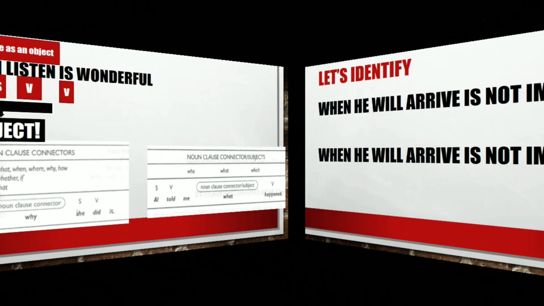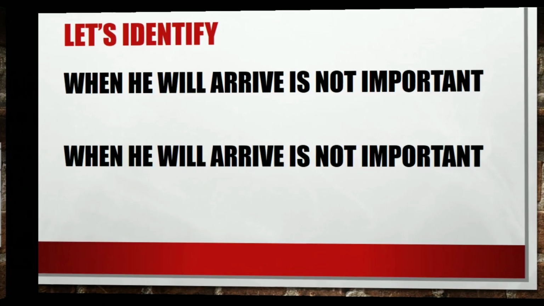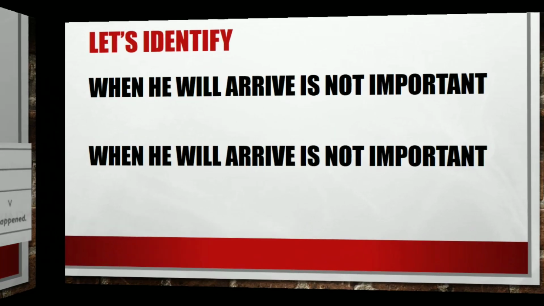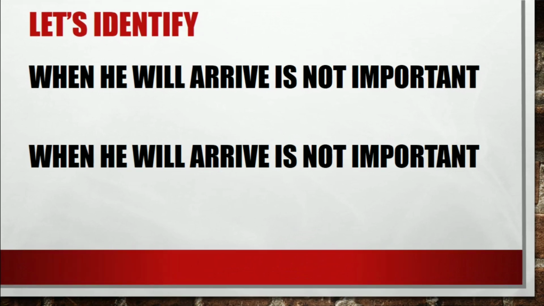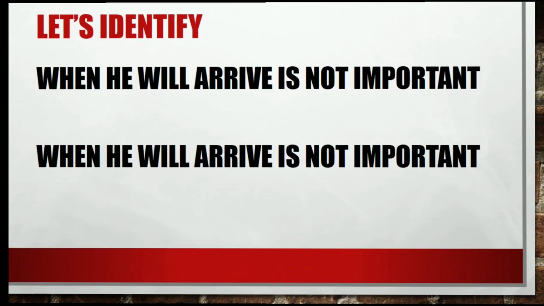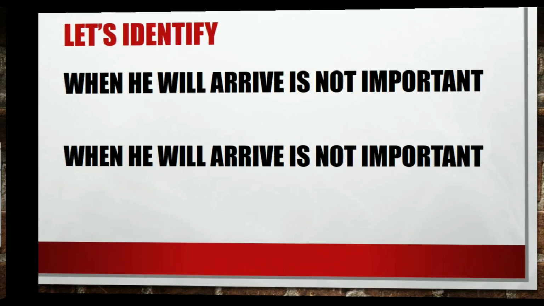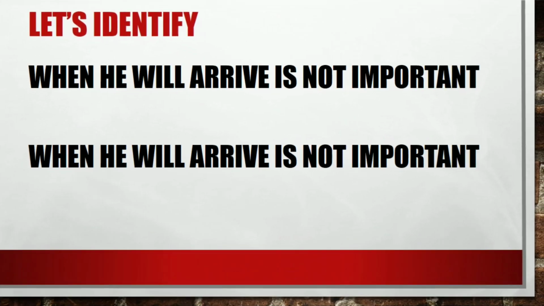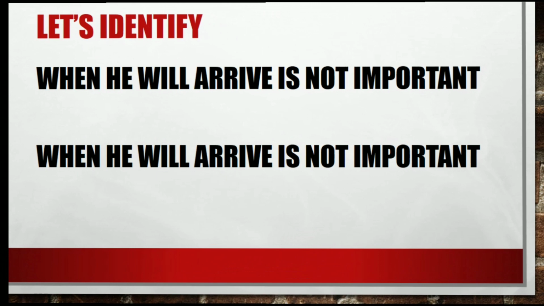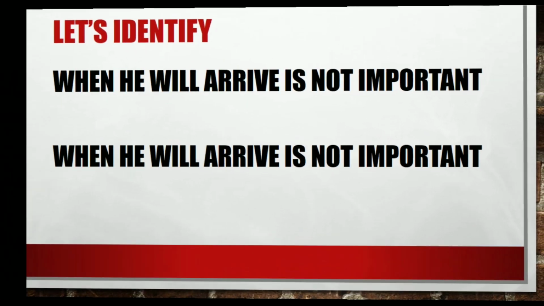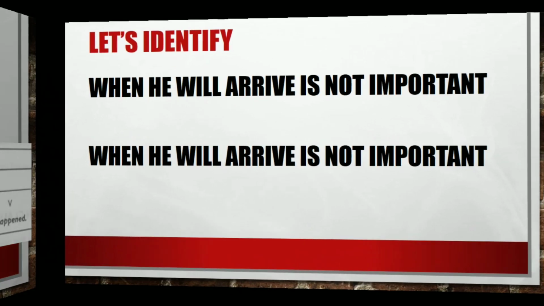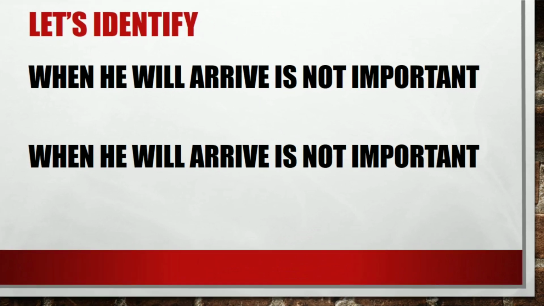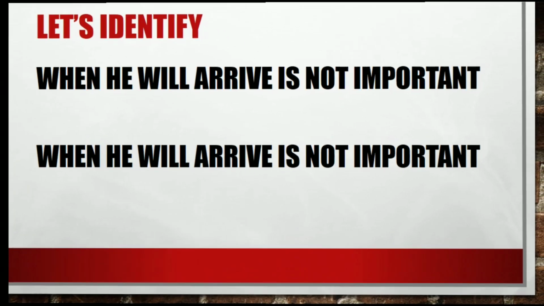Okay. To build your understanding about noun clause, I have another sentences to identify. Let's begin. Number 1. When he will arrive is important. For you who don't know the concept of noun clause, pasti berpikirnya ini adalah kalimat yang salah karena double verb will arrive dengan is.